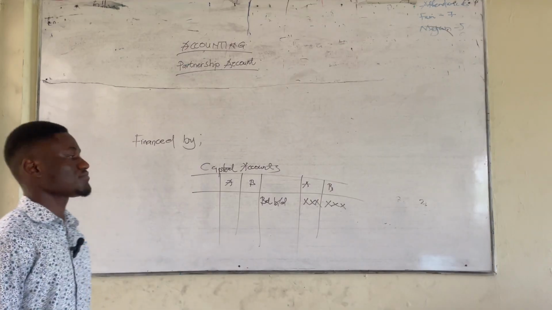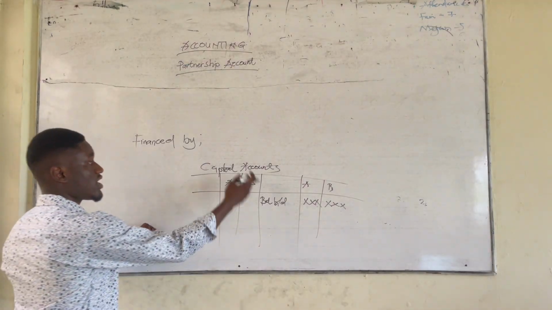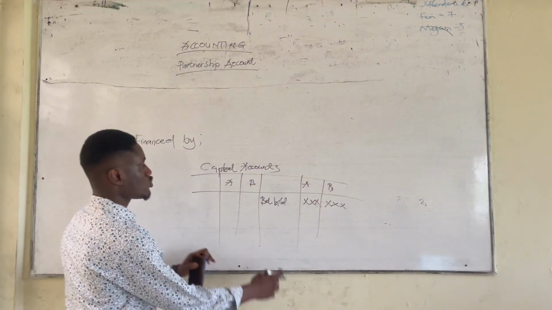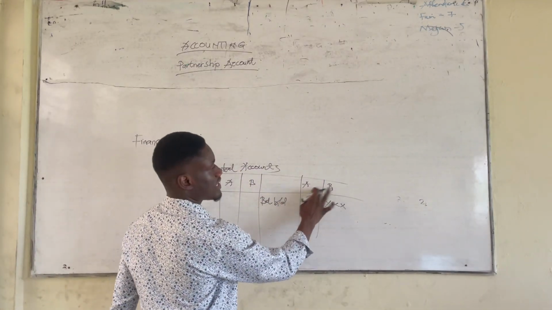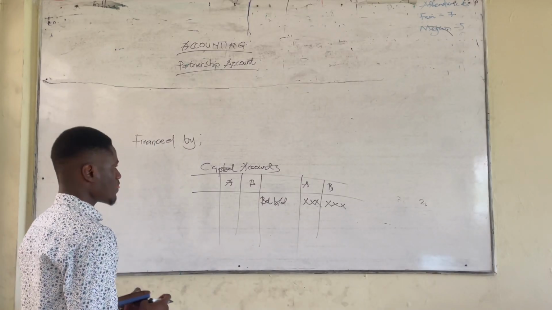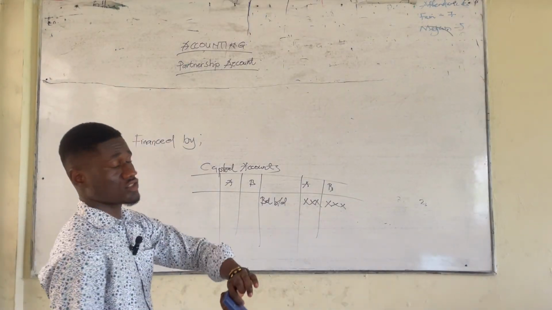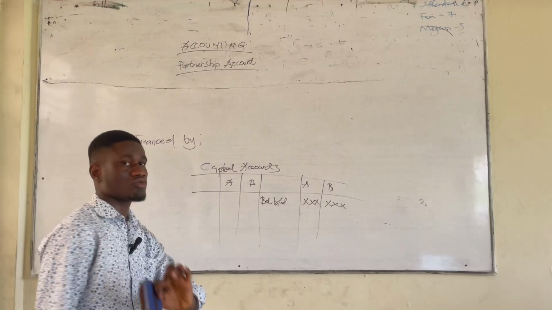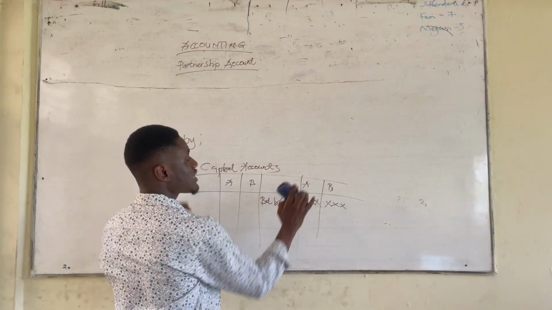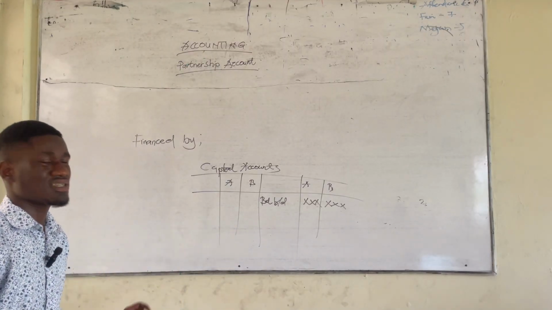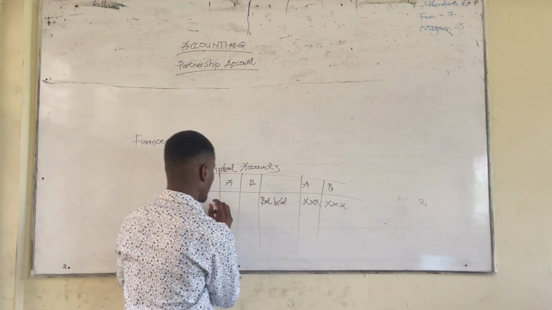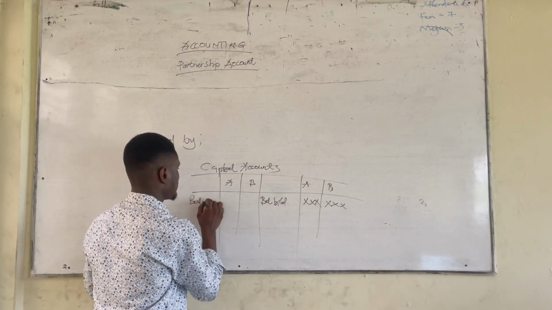Capital accounts have a credit balance. So this is the capital of partner A and partner B. This is what the question is trying to say about capital accounts remaining fixed. That means only capital amounts are to be recorded here. So after this, we should be done.